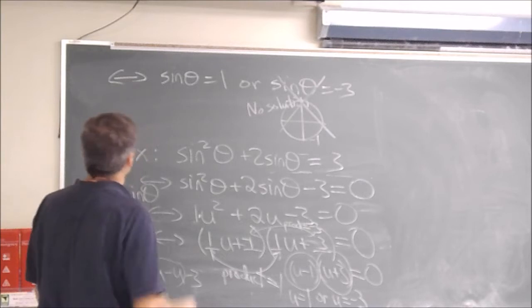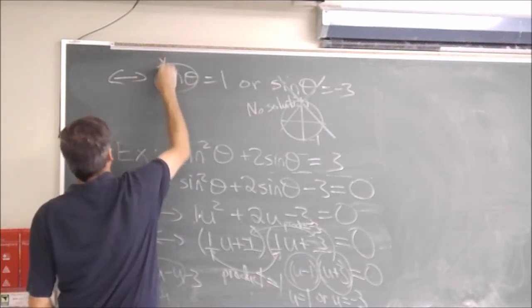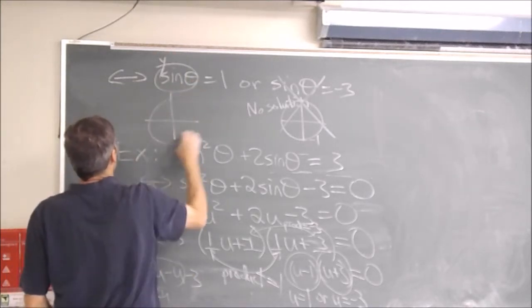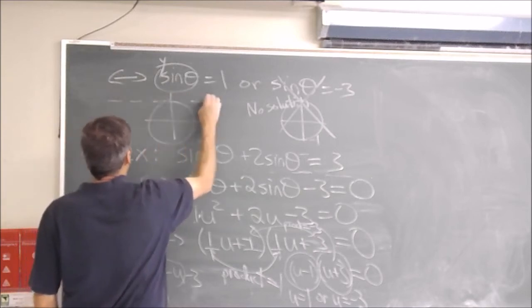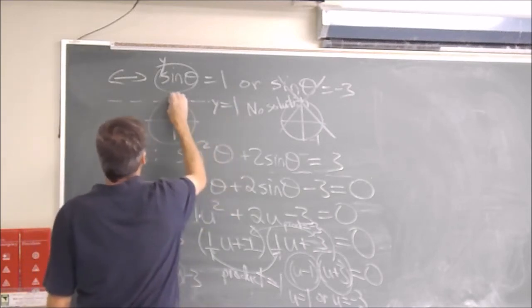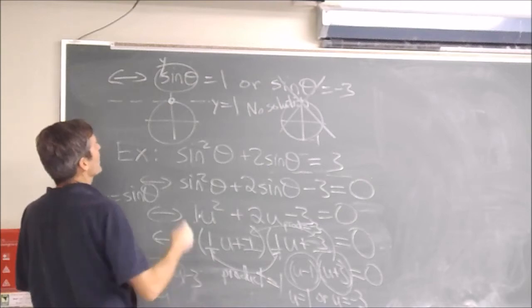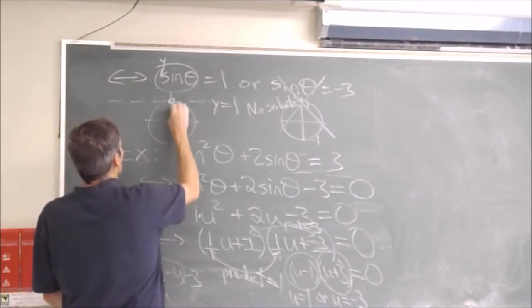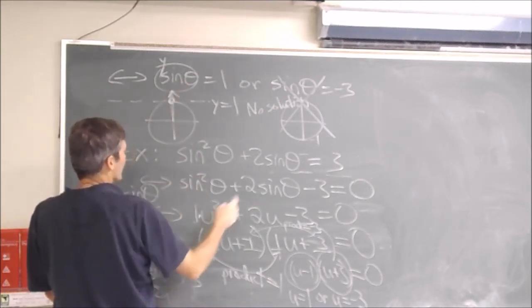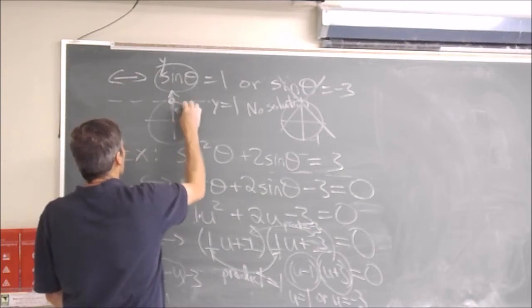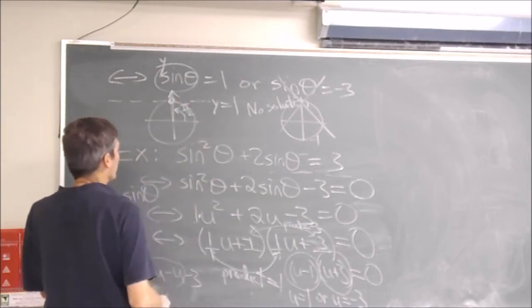Sine theta equals 1. Sine is the y-coordinate. So we look on the unit circle, and we draw all points with y equals 1. We observe there's only one point on the unit circle with y equals 1, hence only one terminal ray. Hence we have this angle here between 0 and 2 pi, which is pi over 2.